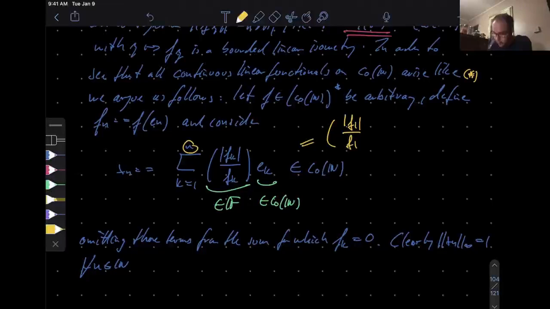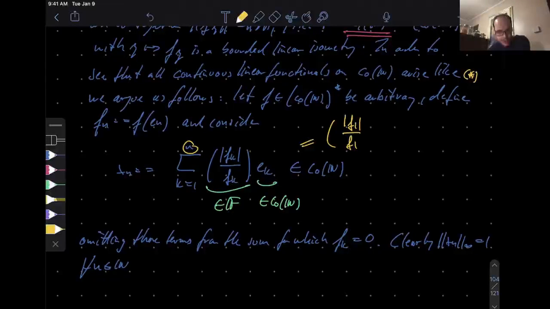But how do the first few terms look like? Well, if f_1 is different from 0, then that's going to be your first entry and nothing else, because that guy comes with e_1, and e_1 has only one non-zero entry in the first component, right? And then the second one, again, if f_2 is different from 0, it's going to be like this, and then the last one, provided it is non-zero, will be this, and then everything after that is equal to 0.